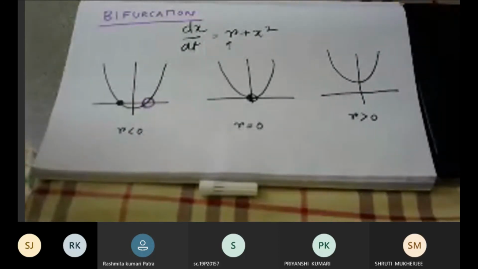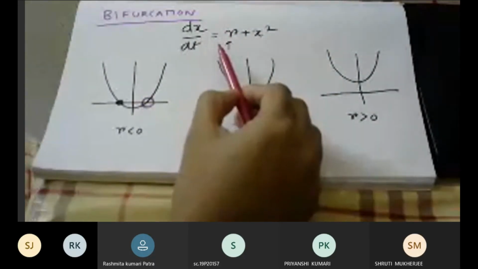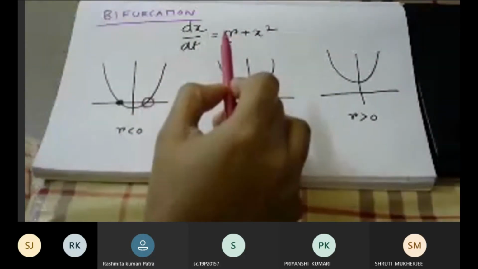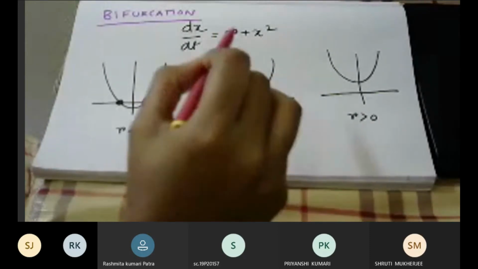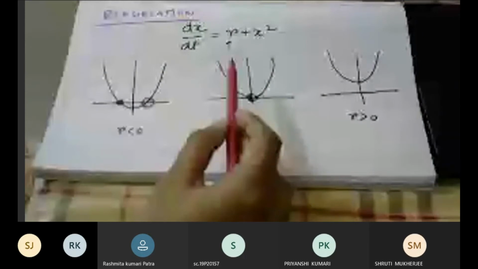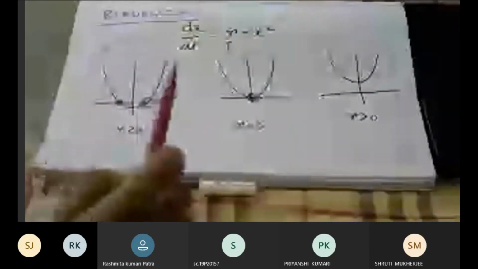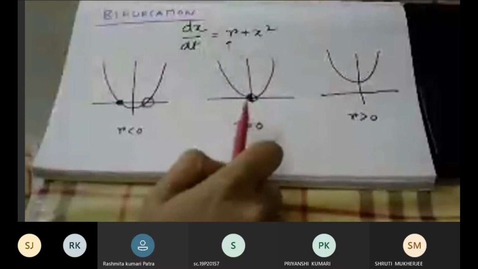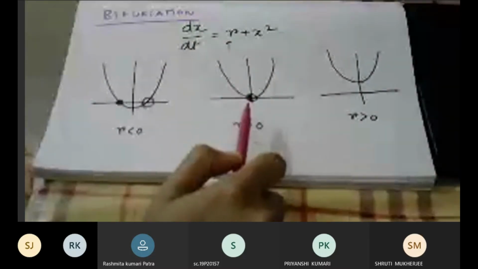If you have no parameter in the system, then we cannot talk about bifurcations there. If we have an equation where I have one or more parameters present in the system and the entire dynamics is dependent on that particular parameter, then at certain values of that parameter, it can happen that fixed points can be created, destroyed, or change their stability nature.